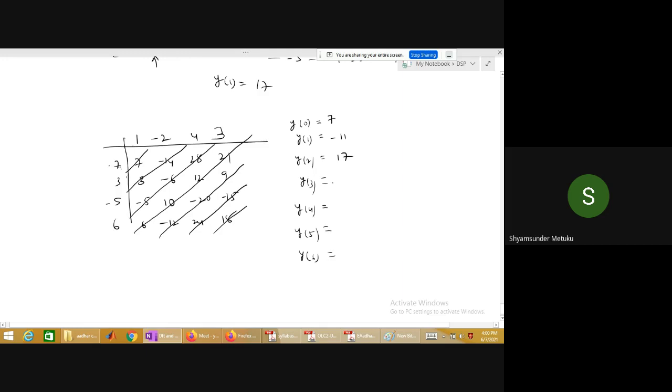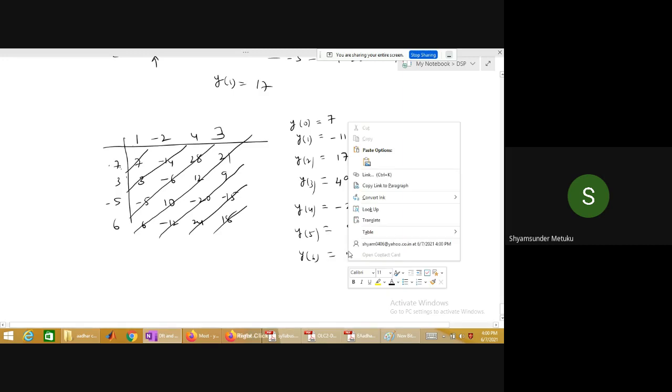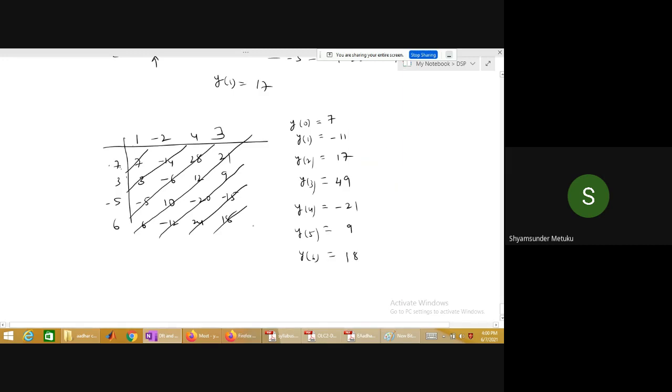It's only for verification, don't do it in the exam. 16 plus 12, 28 plus 21, 49. Minus 32 plus 9. 24 minus 15. So this should be the result. In this process, only the lower limit you will not be able to know. This should actually be minus 1, then 0, 1, 2.